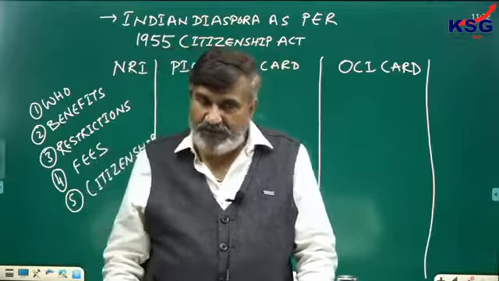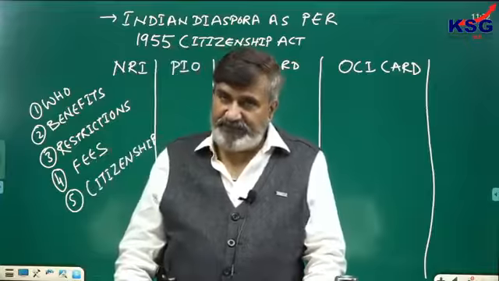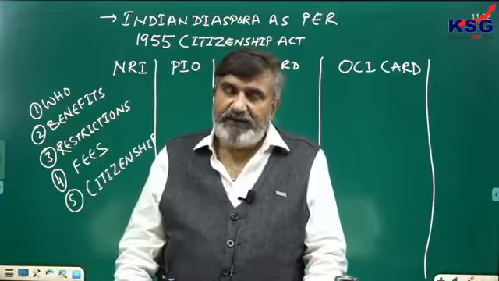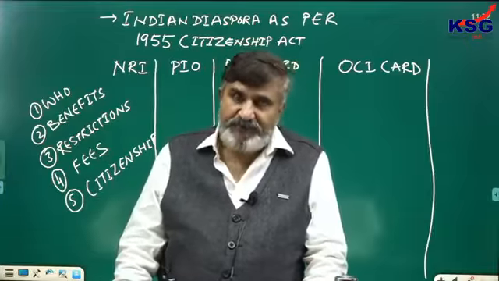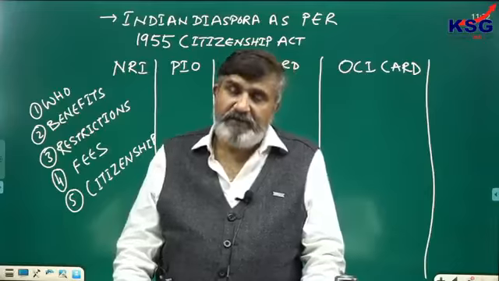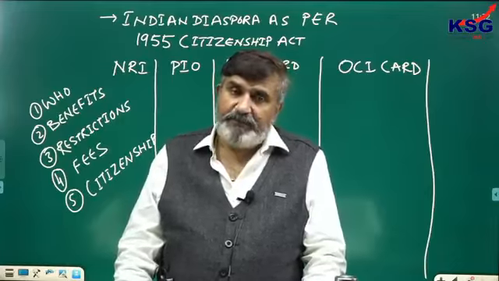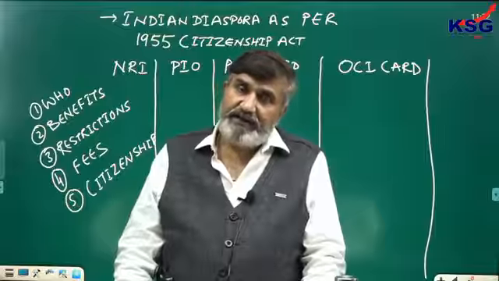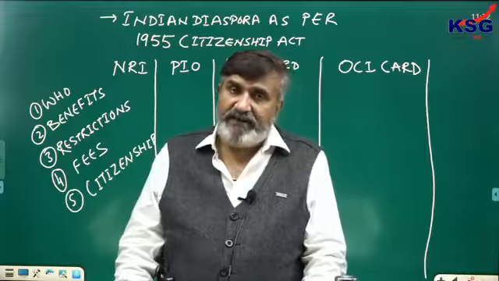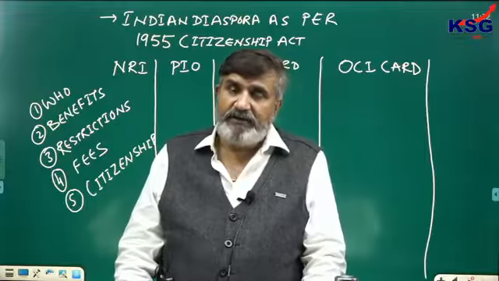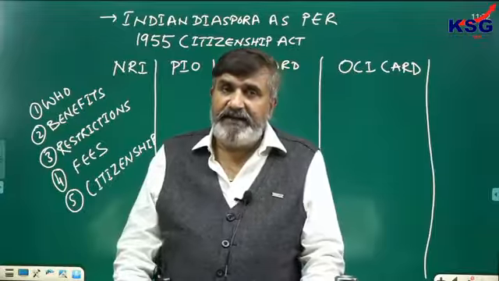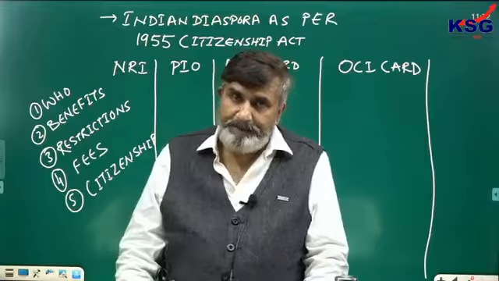He or she is not an Indian citizen. He or she is a foreign citizen, foreign passport holder, but their ancestors have their roots in India, and that's why they are called person of Indian origin. Clear?